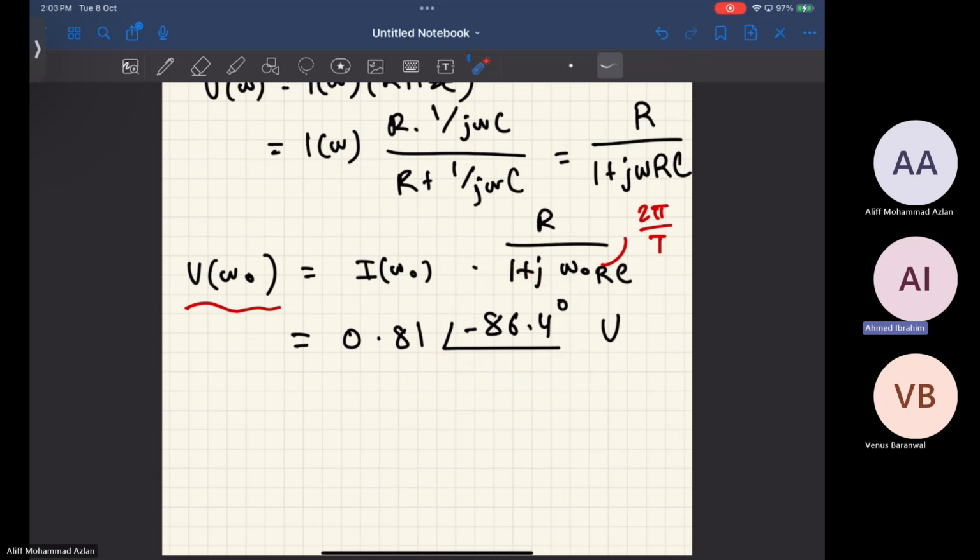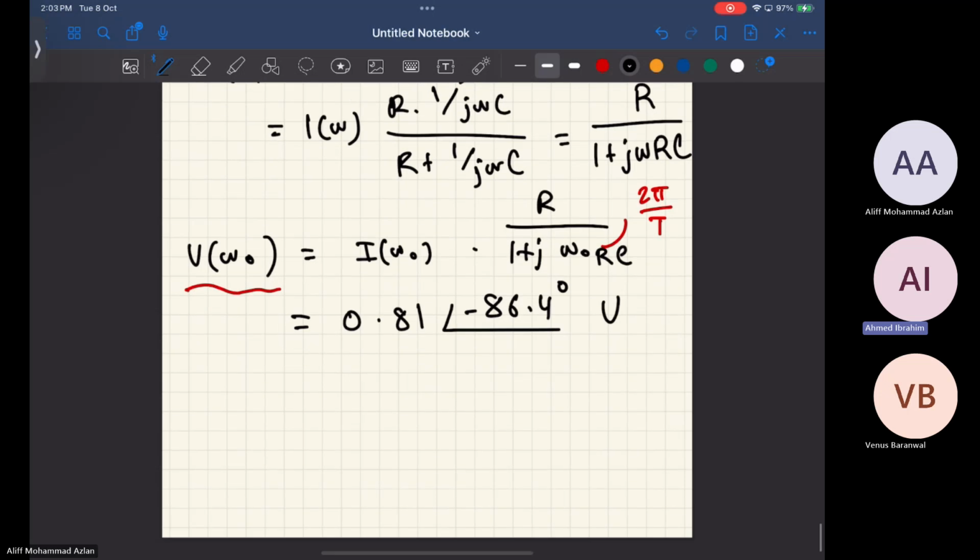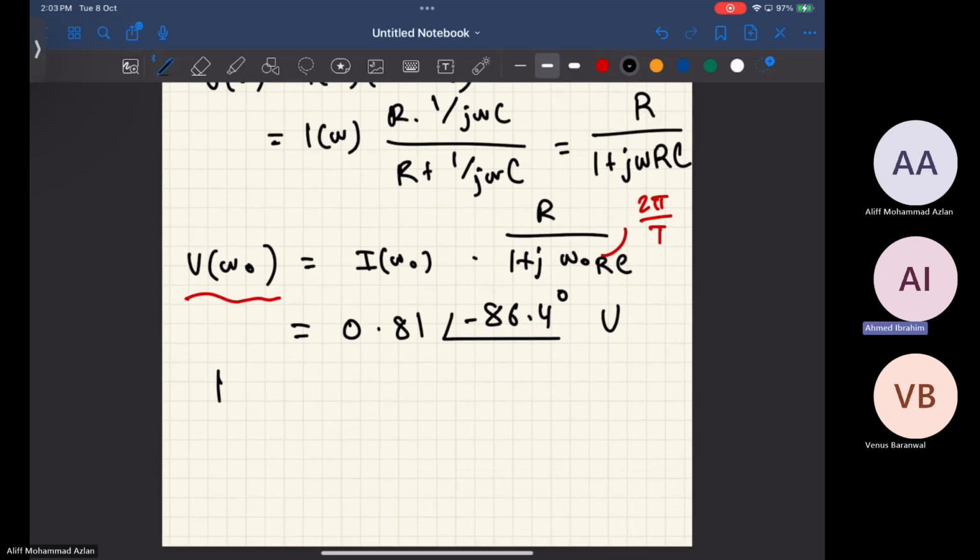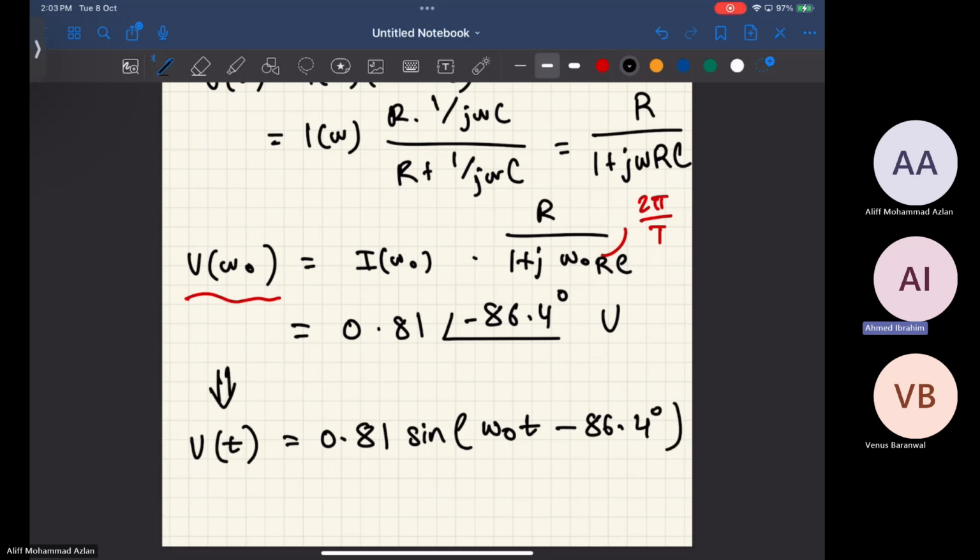So when we convert back into the time domain, that's going to be a sine instead of a cosine. So we go back to the time domain, and that's going to give us 0.81 sine omega 0 t minus 86.4 degrees.